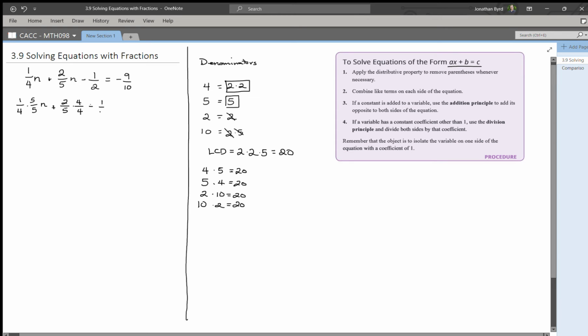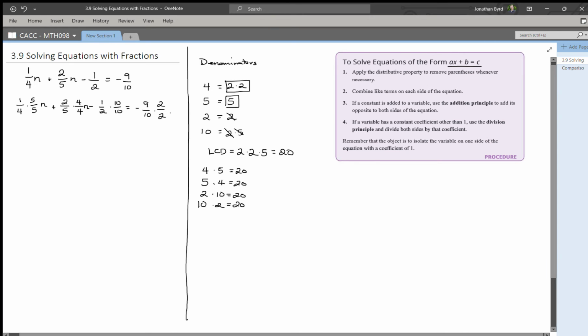And I do need to remember to have the n hanging out in the back there. Minus 1/2. Well, I said I needed to multiply 2 by 10, so 10/10 is what I'll need to multiply there. And then -9/10, I said I need to multiply the 10 by 2, and so if I multiply the 10 by 2, I also need to multiply the 9 by 2.